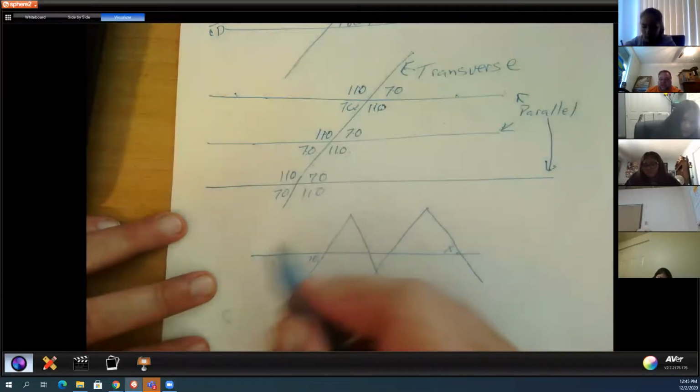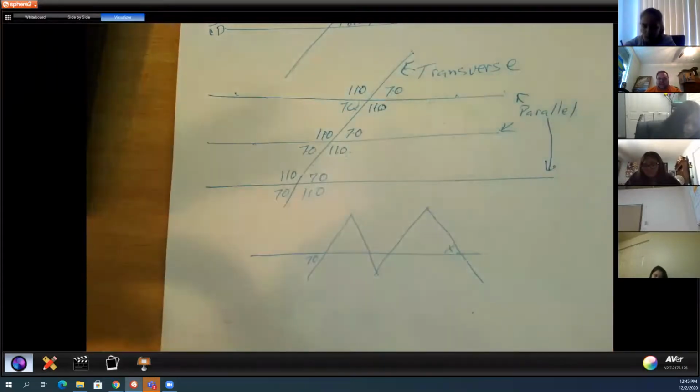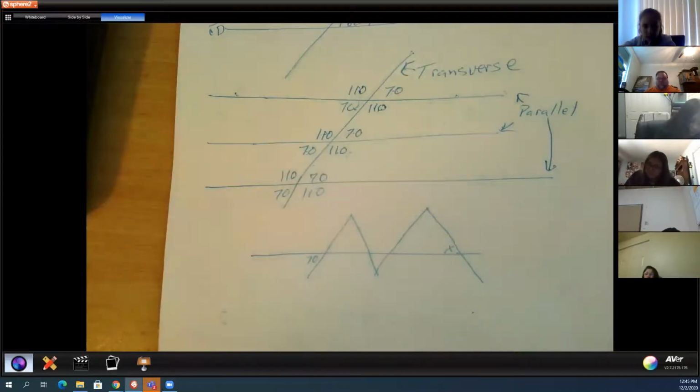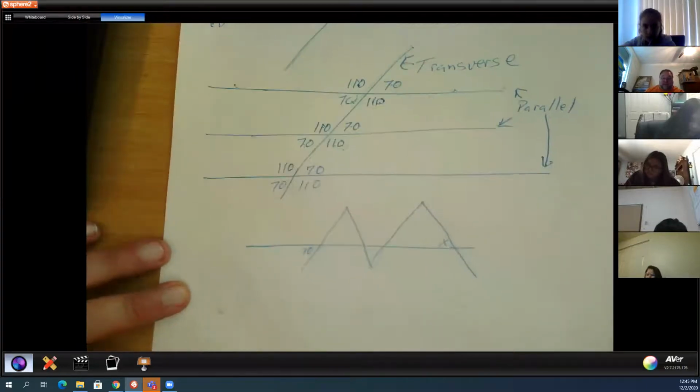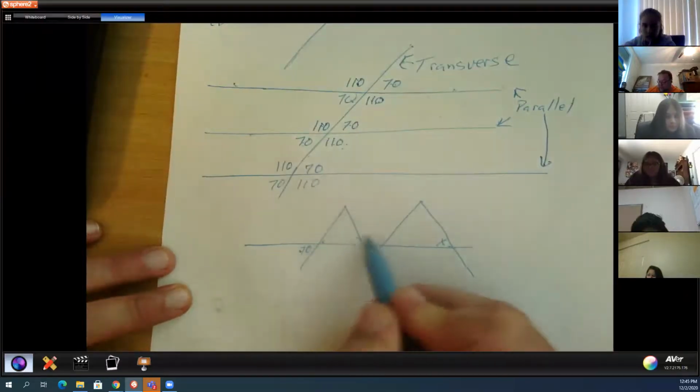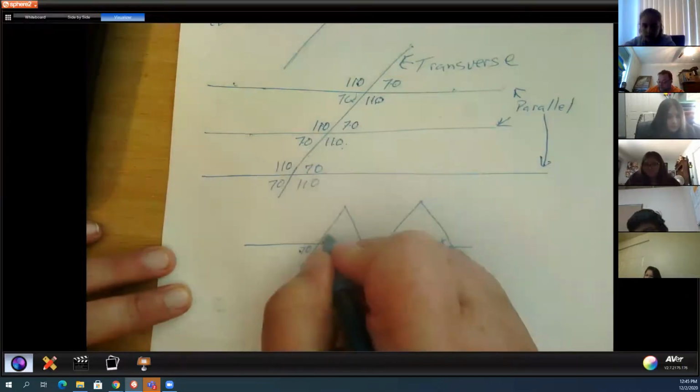And so using all these different rules about supplementary angles and complementary angles and vertical angles and corresponding angles, all these different rules about how angles work together, okay? It allows you to basically march across this figure.